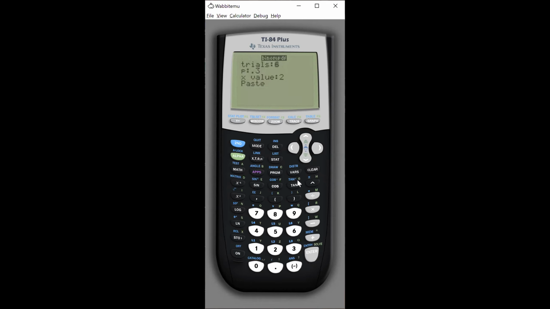Yeah. Yours doesn't have this, it just shows up like this, correct? Yeah. So for you, what you have to do is press 6, and then press comma.